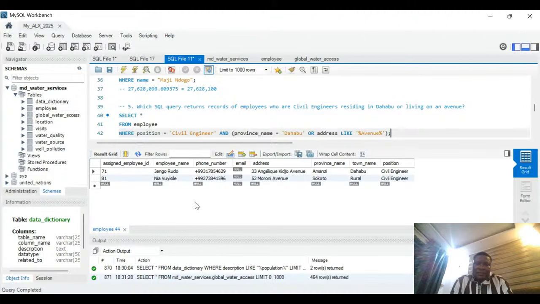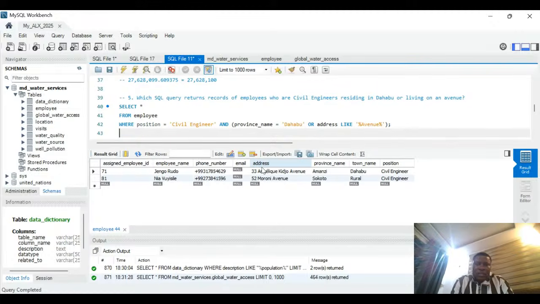So here we are. There are actually two records here. Let's see which of the two answers all the conditions.